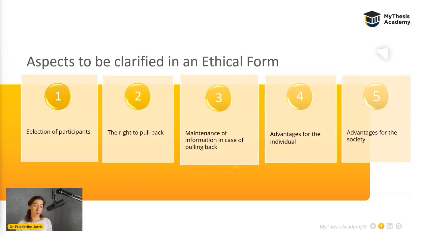Related to this aspect, you also can get to a consent when it comes to the maintenance of information in case of pulling back.